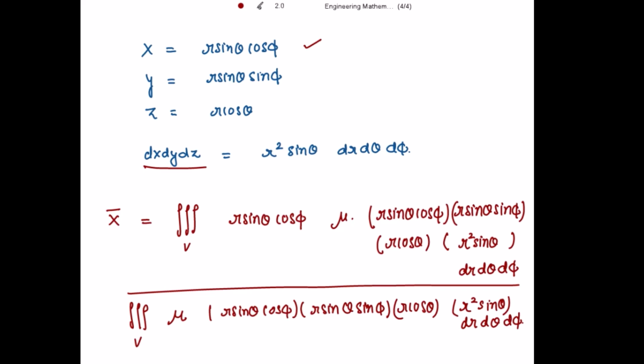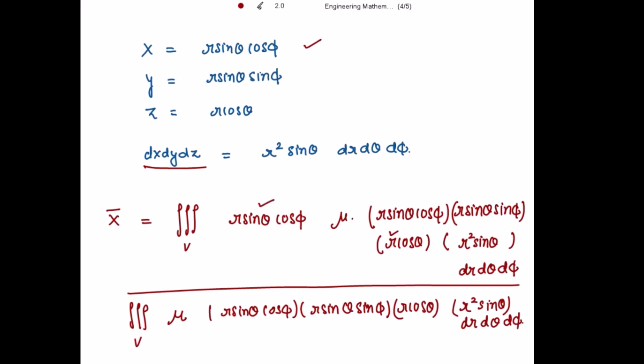Okay, so here I am having r square, and from here we get r cube, and here I am having r. So we have r to the power 6. Then sine theta, then sine theta, sine theta, sine cube theta, and here sine theta again, that is sine to the power 4 theta.